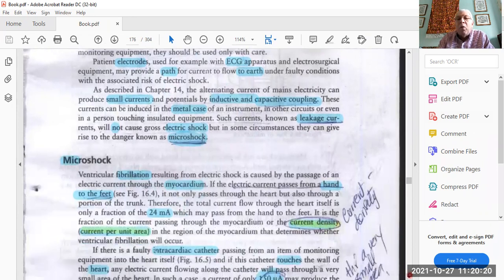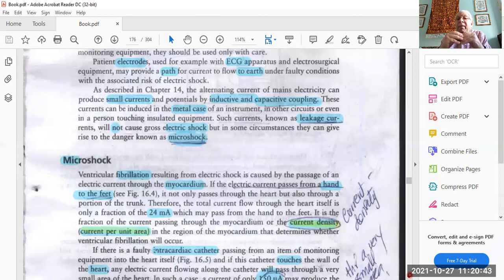We have what we call inductive and capacitive coupling. These are couplings created through instruments. Most instruments or monitors contain inductors and capacitors. Both can induce what we call leakage current.